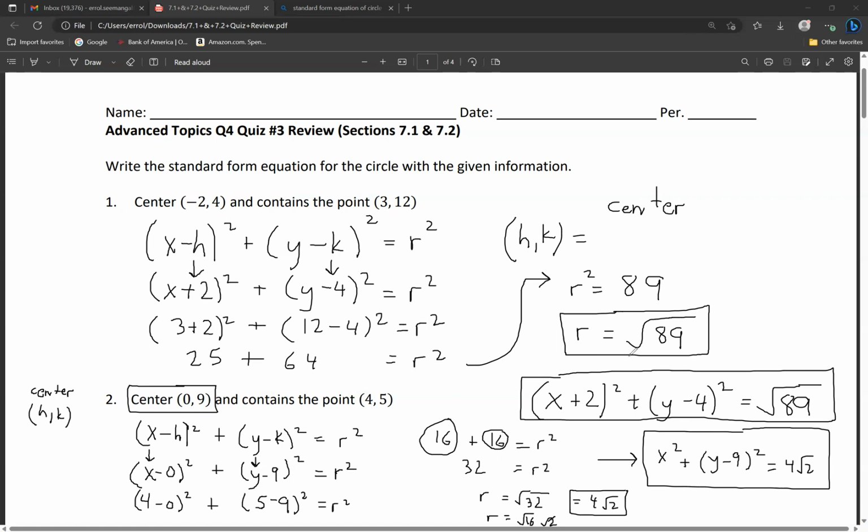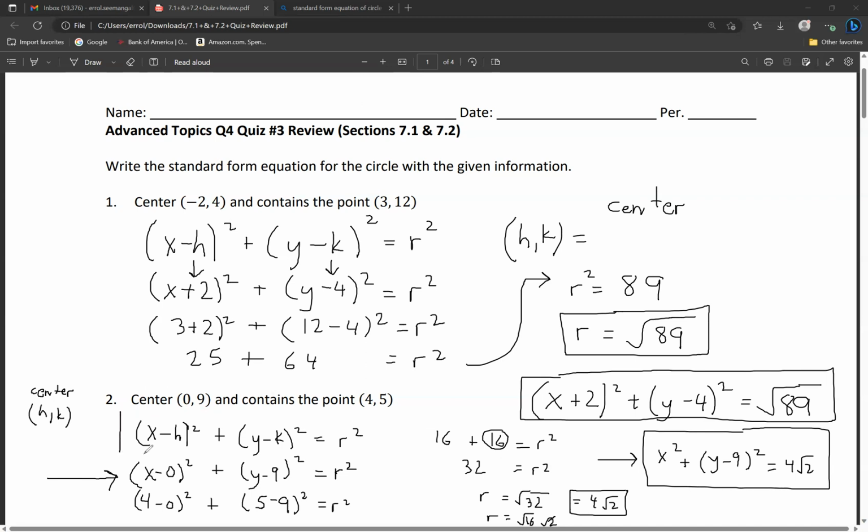Why do you start it with x squared? Where do you get that from? I get that from this step right here. Oh, okay. How do I know how to write it down like that? Do I just automatically write it down like that?